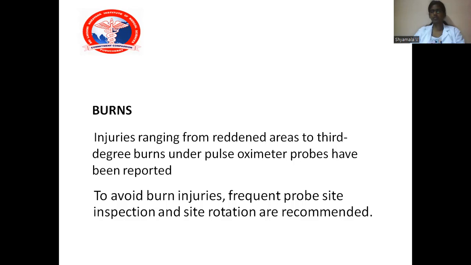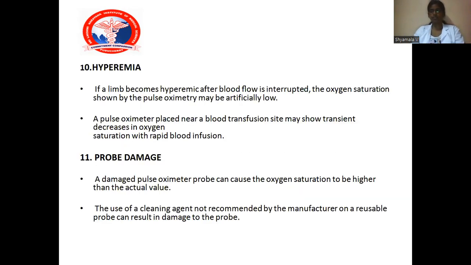Methemoglobin is usually less than 1%. It is an oxidation product of hemoglobin which causes reduced delivery of oxygen to the tissues. It can be acquired or congenital. The most common cause of acquired methemoglobinemia is drug induced.